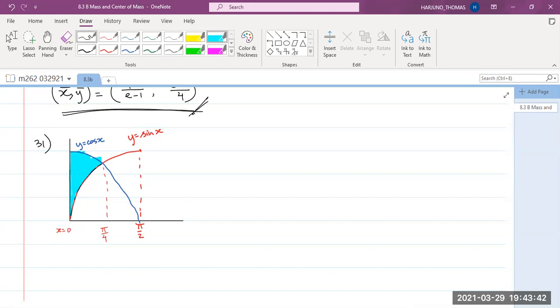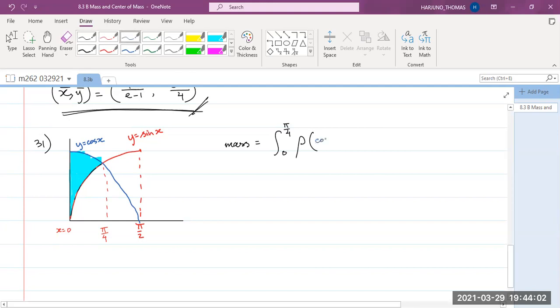Now then, what will the mass be? The mass will be the integral from 0 to pi over 4 of rho times the upper bound minus the lower bound. In this region, which function is on the top? The cosine, right?